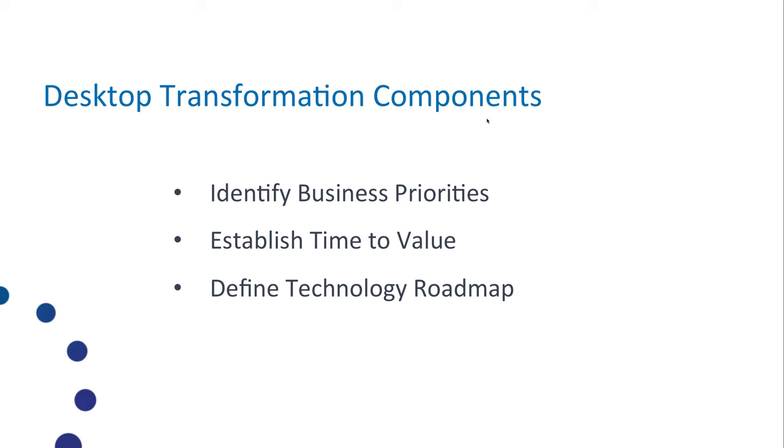There's a lot of great technology out there, a lot of options when you go forward and you're delivering these projects, but the key is to think through and plan out what you're going to do and do it in a methodical way so that, number one, you can keep to a timetable, you can keep it in budget, and that you can actually deliver on those things that you go back to from where we started in identifying those business priorities and establishing that time to value. That technology roadmap is really what makes sure that you keep it on track.